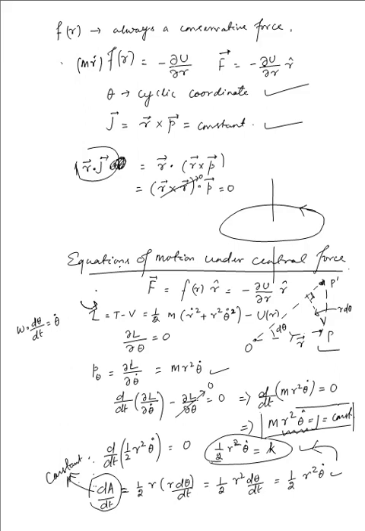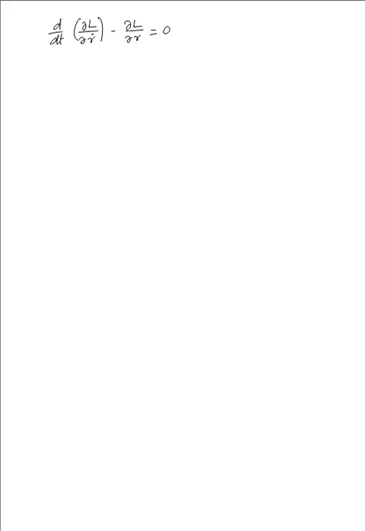That remains in bracket, so that is d by dt of m r dot.